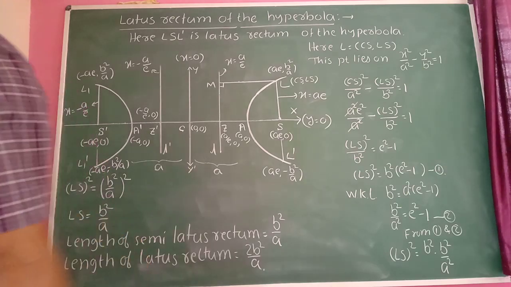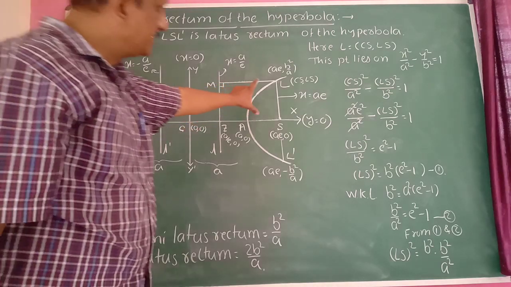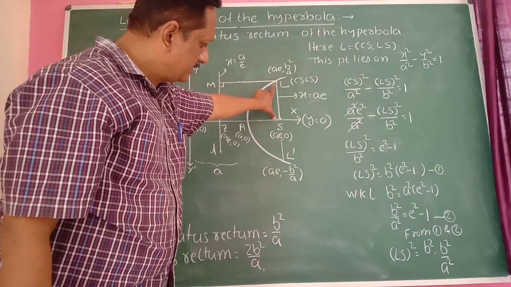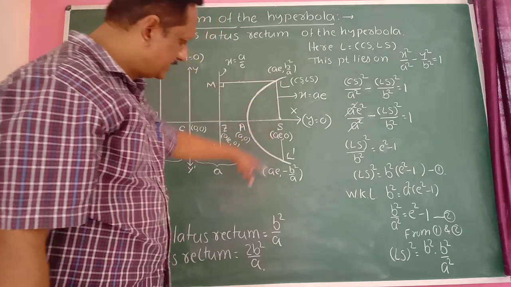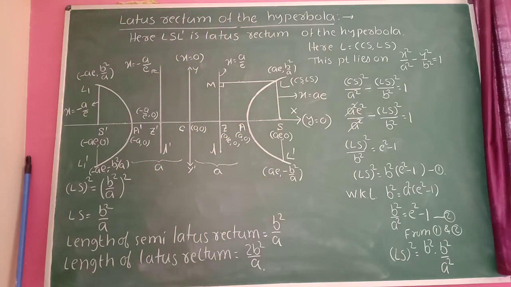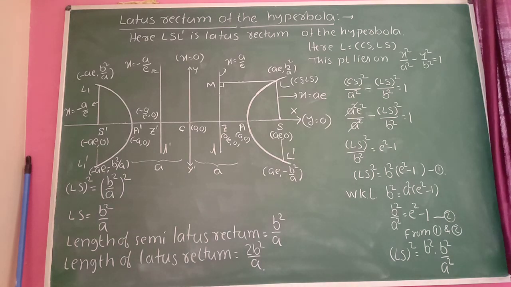These are the ends of the latus rectum. So the length of the semi-latus rectum is this height, b² by a. The total length from L to L dash is 2b² upon a. It is the length of the latus rectum of the hyperbola.